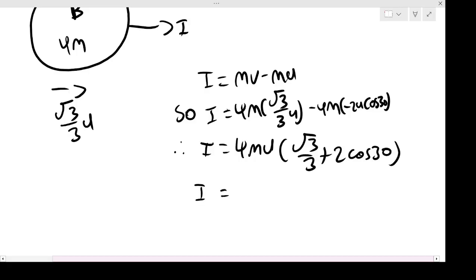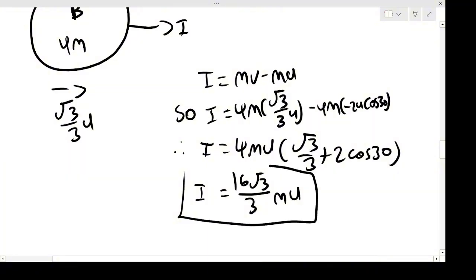So if I now work this out and simplify it, I get 16 root 3 over 3 mu. And there we are. That is my impulse in terms of m and u, which is what they wanted.